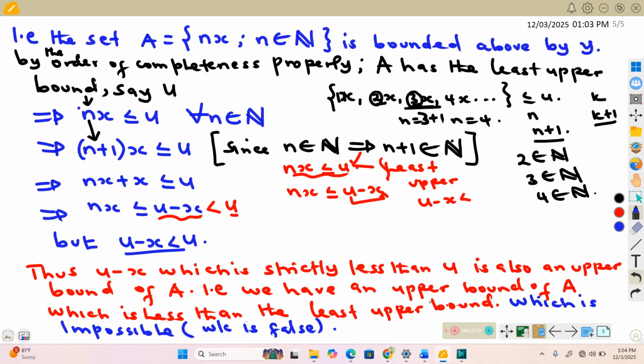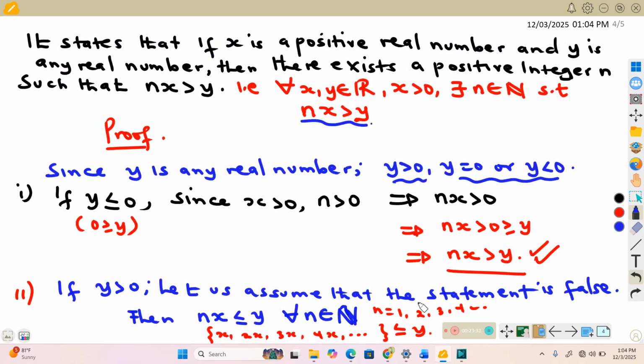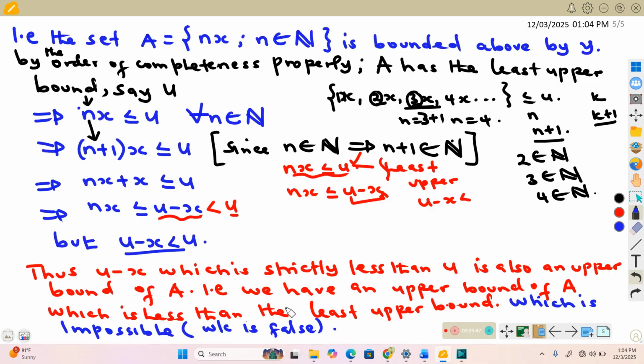So if this is not true, what does it imply about what we have done? Remember we had assumed that nx is less than or equal to y, but we are getting a false conclusion. If we get a false conclusion, it means our assumption was not true.